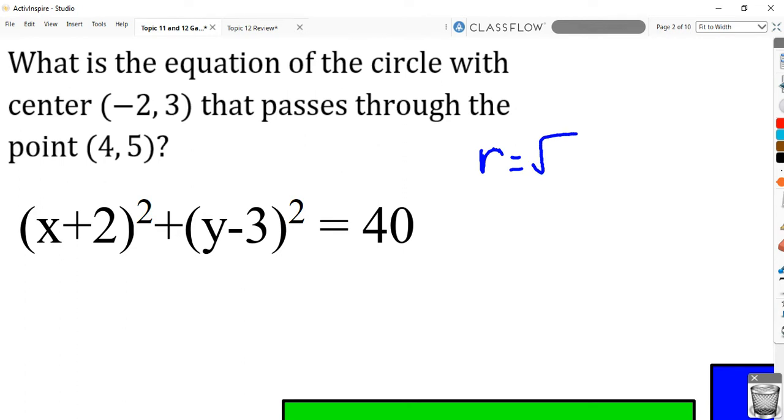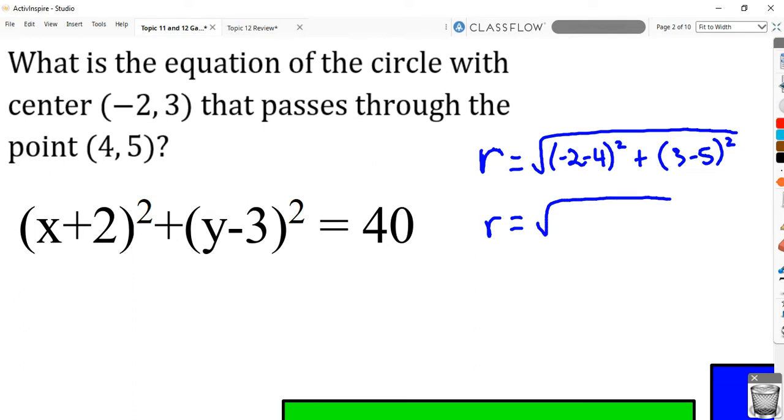So if we're talking about the radius, we're talking about the distance, and we know the distance formula. It's a big old ugly looking square root, right? It's going to be subtracting the x values and squaring, and then subtracting the y values and squaring. It ends up being a whole mess of stuff, where r equals a square root. That becomes -6, so it's 36.